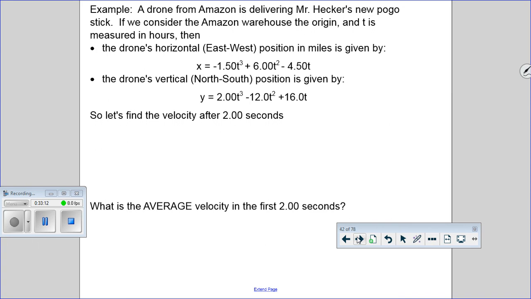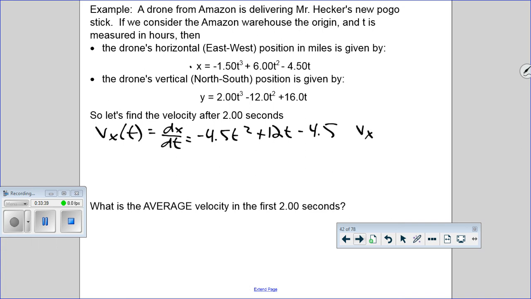Okay? So that means Vx after 2 seconds is whatever you get when you plug 2 in here. I will tell you that that is 1.5 meters a second. Questions on what I did there? Am I done? No. This just represents how fast the drone is moving horizontally along the x-axis at that instant.